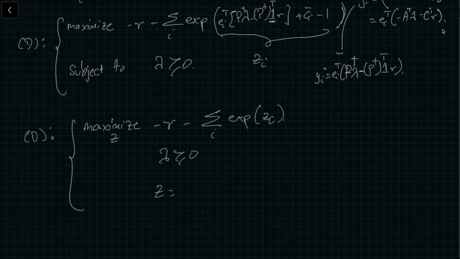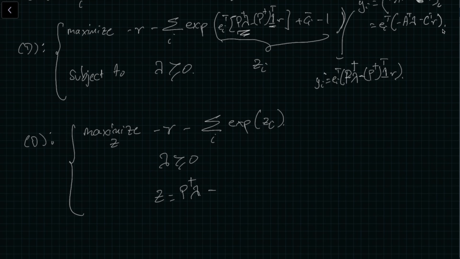So my z is P pseudo inverse lambda, so this term, minus P pseudo inverse transpose 1. Now, since nu is a scalar, I can pull it till here. So I could write this as minus nu P pseudo inverse transpose 1 vector plus c bar minus 1 vector.